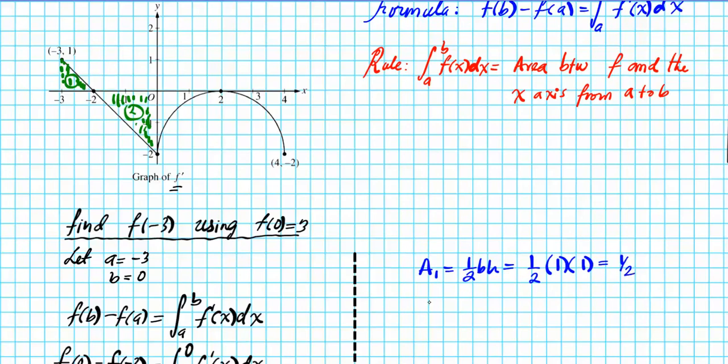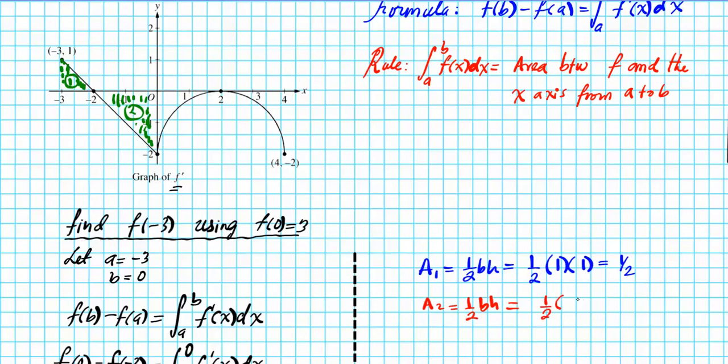Area of region 2 is 1/2 base times height. Now, can you ascertain why I'm writing the area of 2 in red? Well, that color indicates negativity, okay? Do you see why the area of region 2 is negative? Well, it is because it resides underneath the x-axis. So areas underneath the x-axis have a negative sign to them. Okay, so I'm going to do 1/2 base.